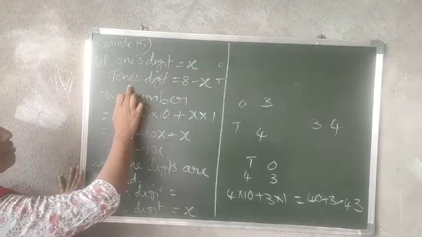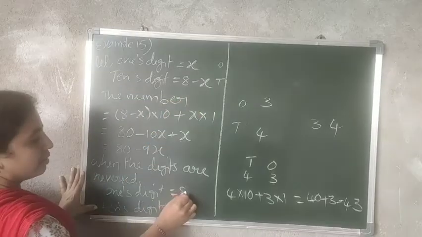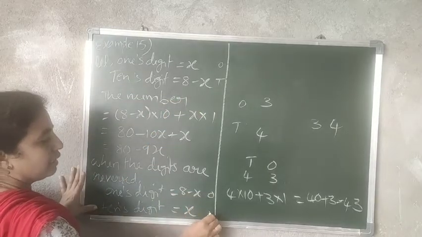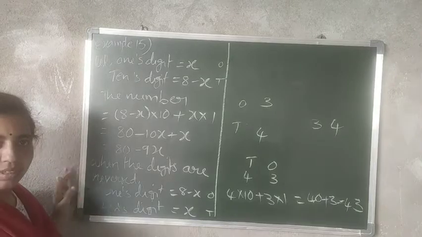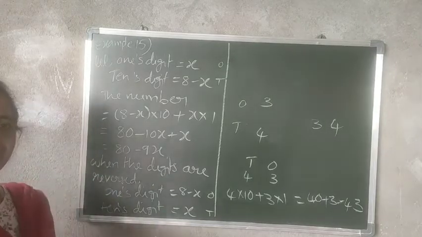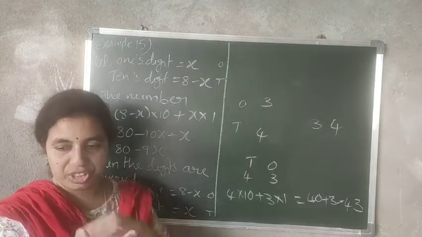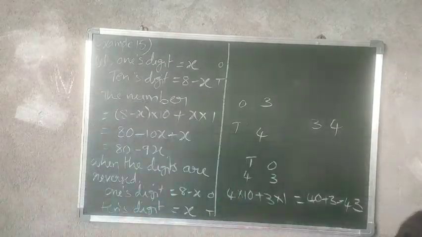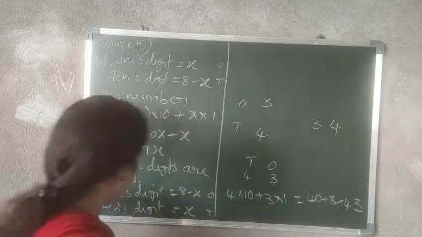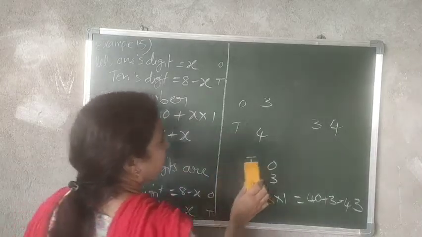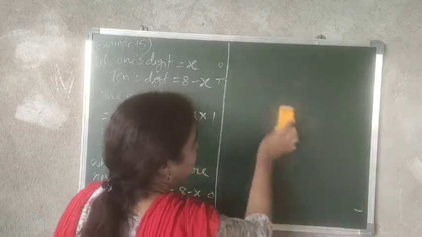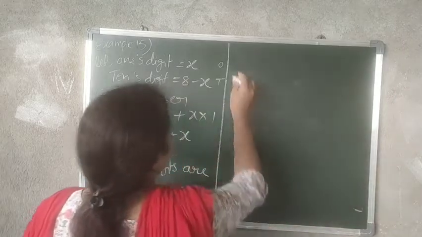And here tens digit will become ones digit, that is 8 minus x. Now this is ones and this is tens. When the digits are reversed, ones goes to tens and tens goes to ones. The positions exchanged. Now these are the digits again. Now find the reverse number, same like that only.